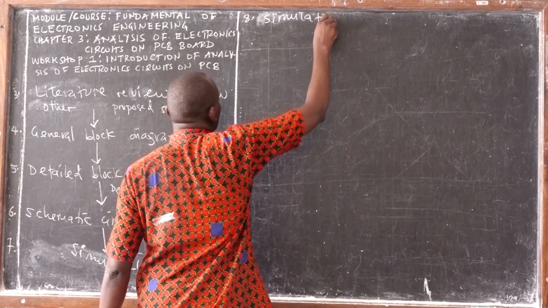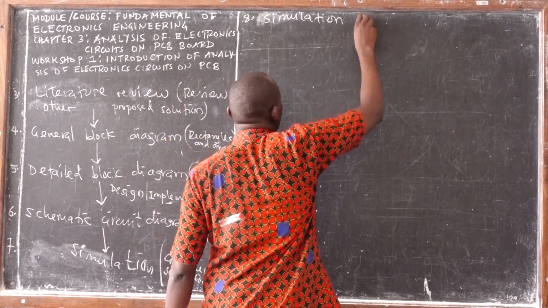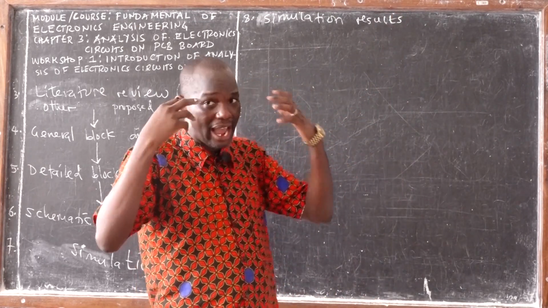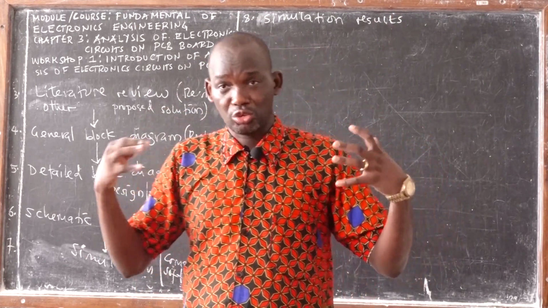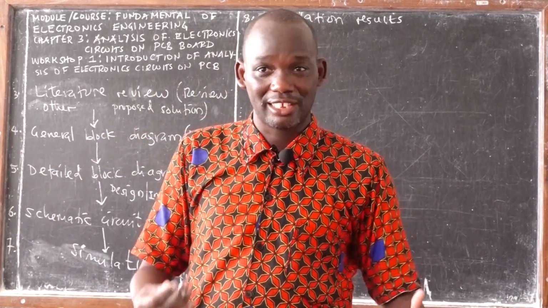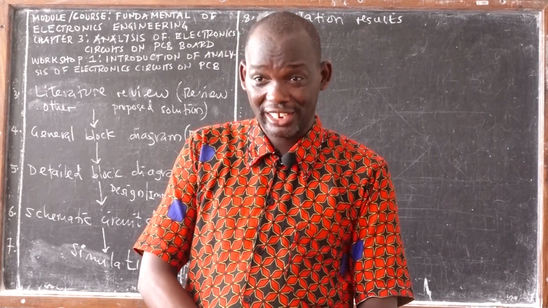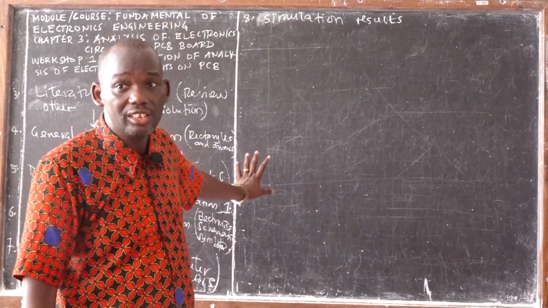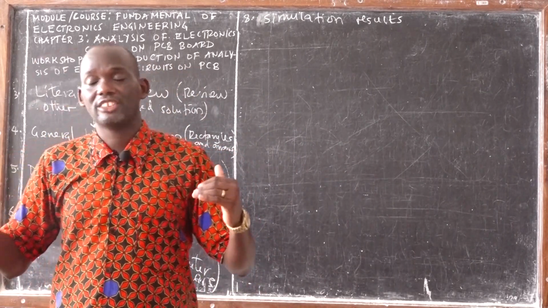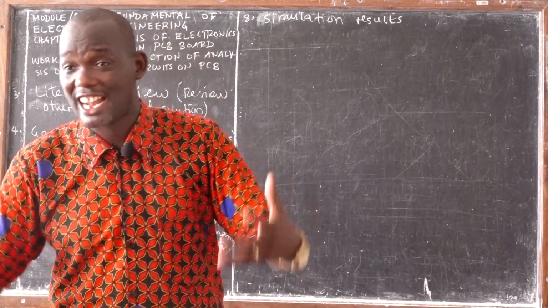Simulation results, because these will trigger your mind to know about the steps. You should not just rush to the hardware implementation while even in the software the system does not work. Are we together? So we need simulation results. You should use electronic simulation software which can give you results.